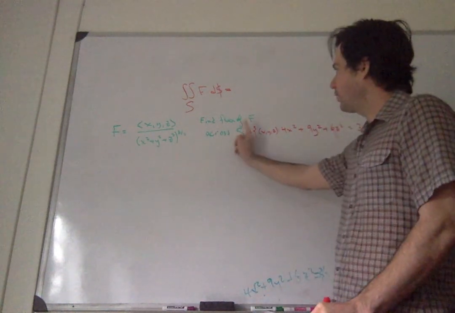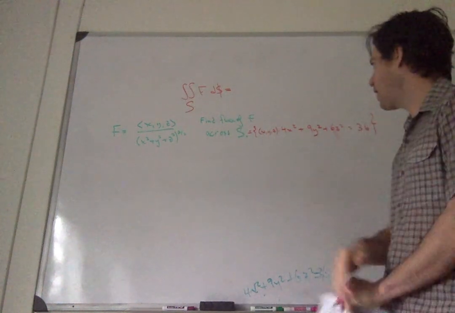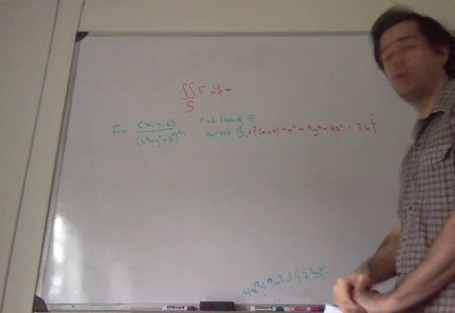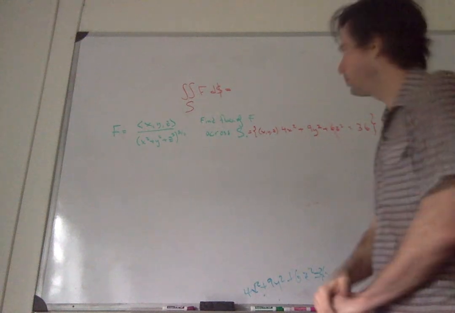So we want to find the flux of f across this ellipsoid, which consists of points x, y, and z, such that 4x squared plus 9y squared plus 6z squared equals 36.